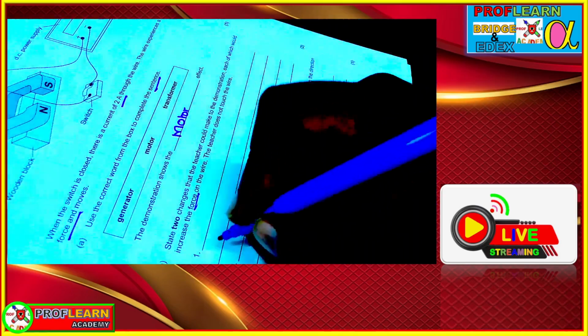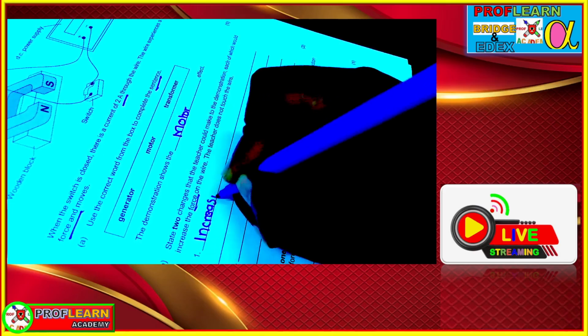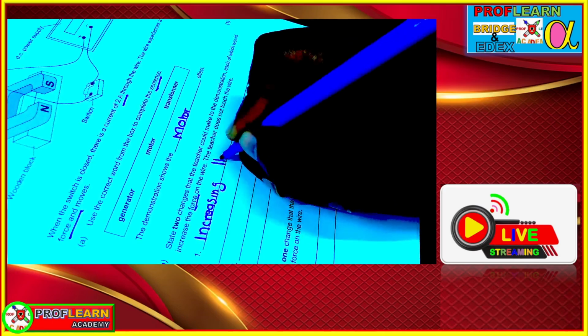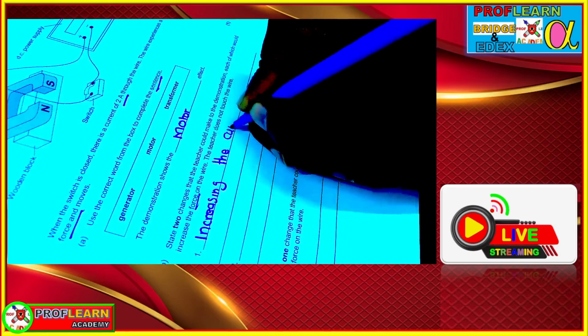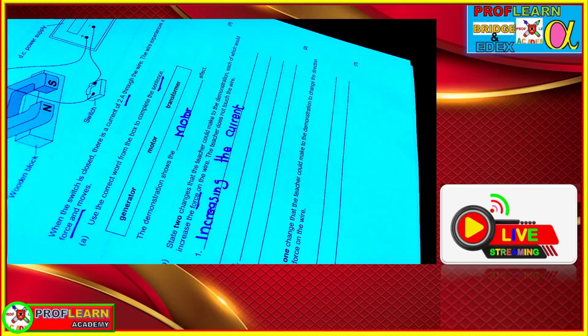Name 2 changes that the teacher could make to the demonstration, each of which will increase the force. Changes could be increasing the current. So if the teacher increases the current, we realize that we are going to have a stronger force. So basically, that's what we are going to mention here.